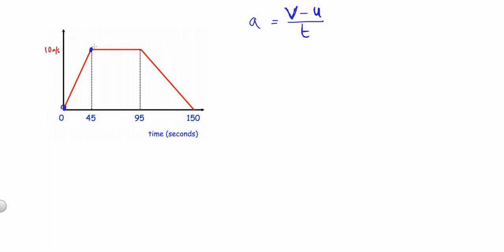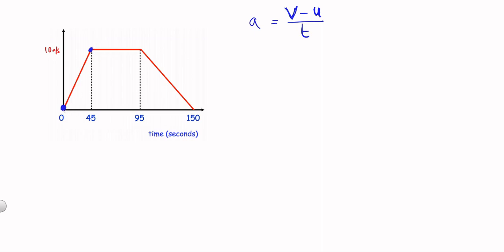Using the numbers now, v is the final velocity. So it starts at 0, the initial velocity, and it reaches a final velocity of 10. Remember, we're only considering the journey between 0 and 45 seconds. I don't care what happens afterwards, I'm not bothered about that at the moment. My story begins at 0 meters per second and finishes at 10 meters per second.